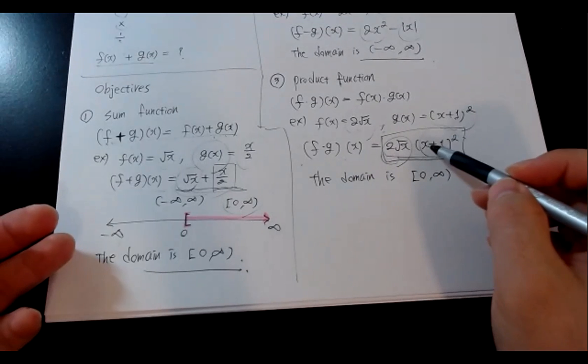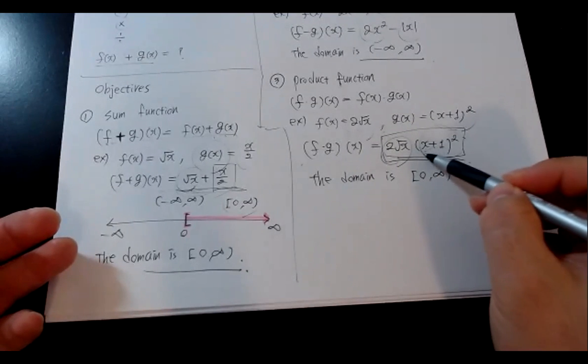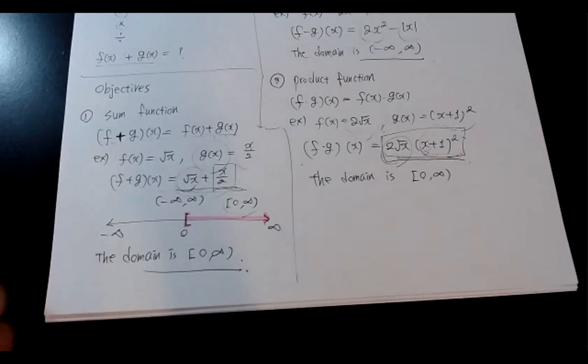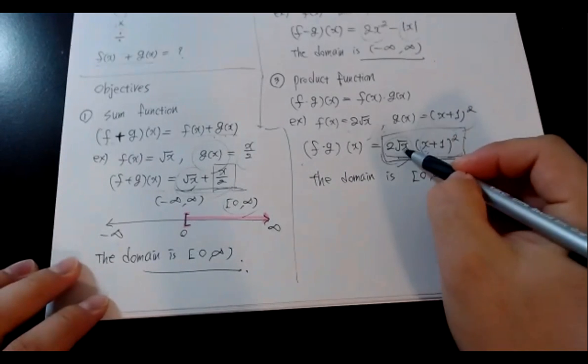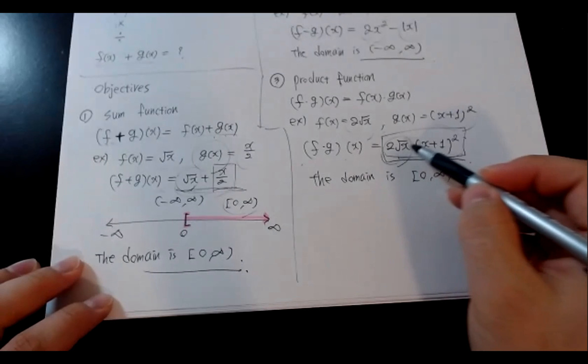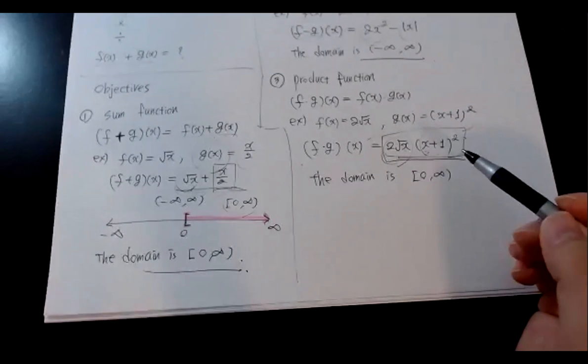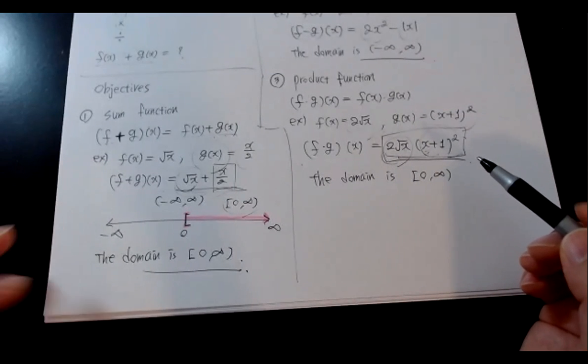See here, even though this x can be any real number, the x under the square root can be only a non-negative number.